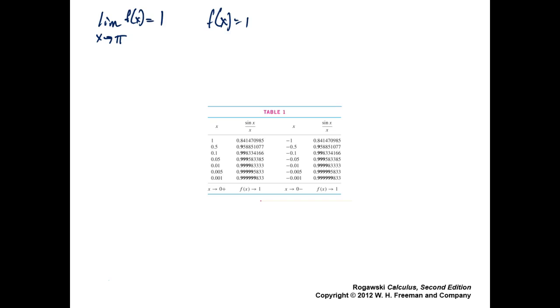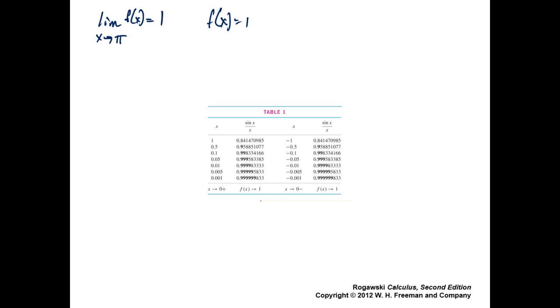Goodness gracious, these pages are hard to turn. Here we go. 2, 2 preliminary question, 1. Okay. All right. The second one.